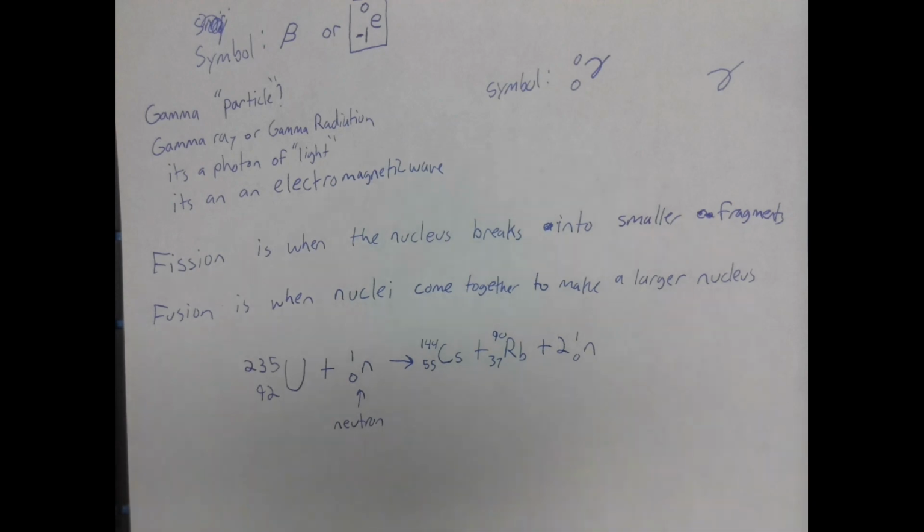These 2 additional neutrons can go and keep hitting more uranium atoms, and we get a chain reaction.